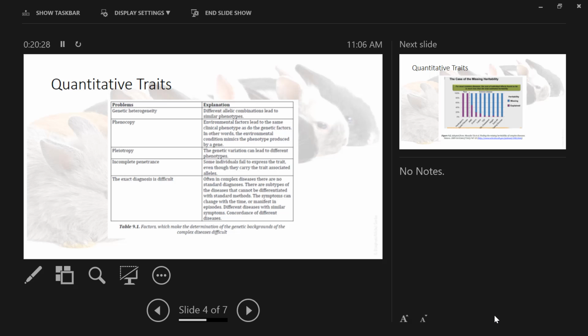All right. So here are some of the issues with quantitative traits. This table comes right out of the text. It doesn't look amazing on the slide, but it's okay because you have the text. Genetic heterogeneity, and again, this is the issue where there are several different ways to get to the same phenotype. And this is especially true with these complex diseases.